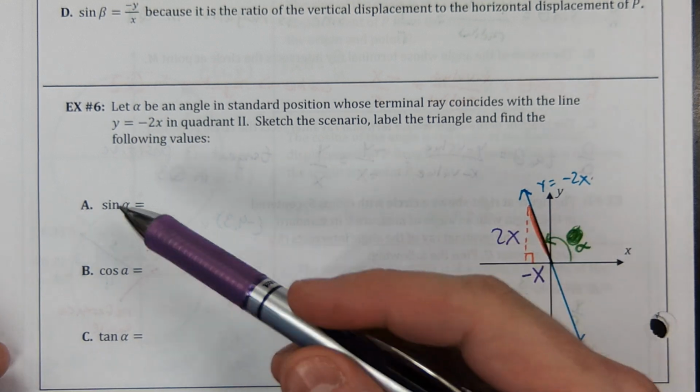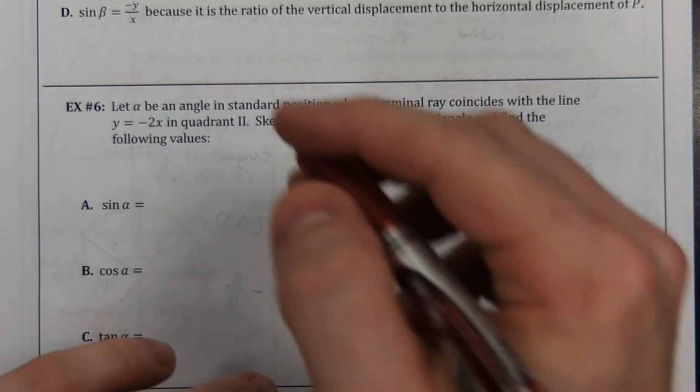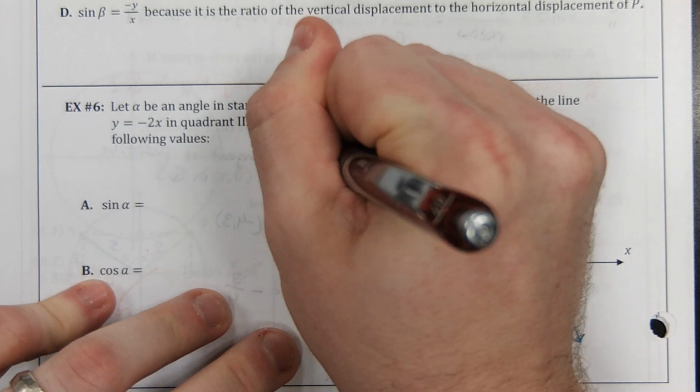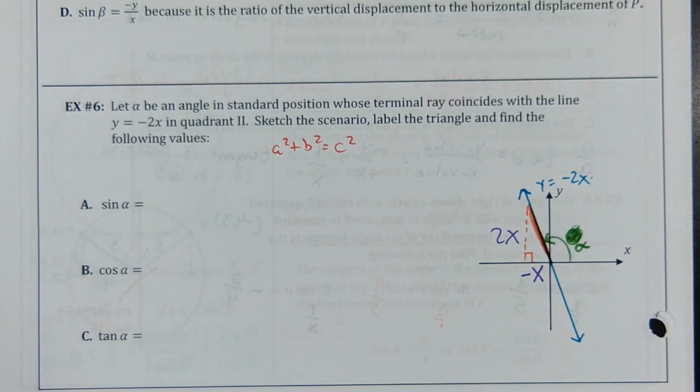And since we're going to be talking about sine and cosine, you know I'm going to need to know the hypotenuse, aka the radius, right? Do you remember how to find the hypotenuse of a right triangle if you know the two legs? Pythagorean theorem. So the Pythagorean theorem is pretty famous, right? It's a squared plus b squared equals c squared. The only one of those that matters is c.